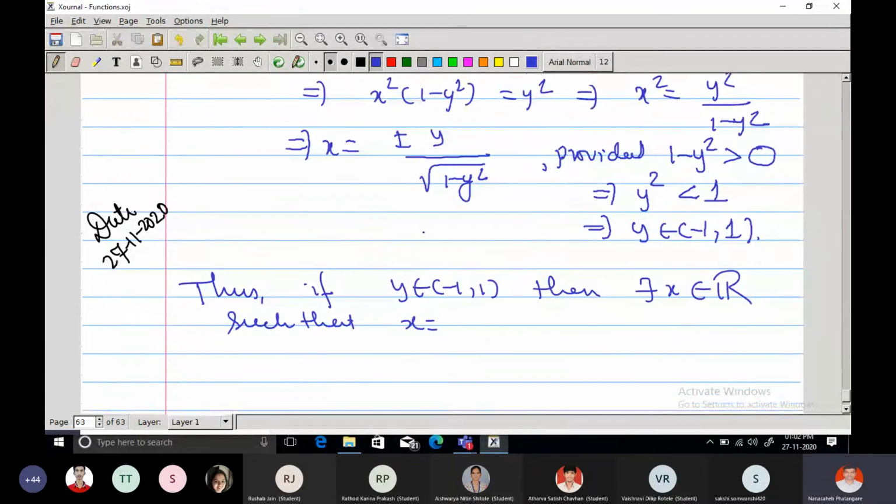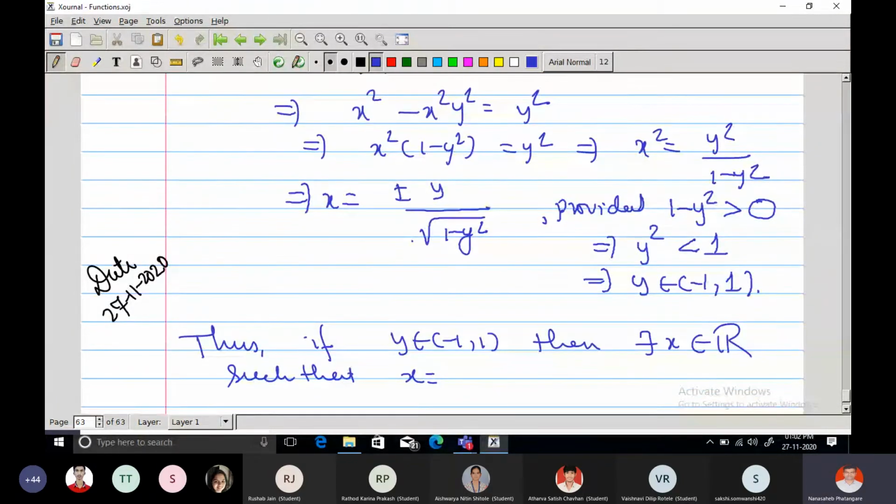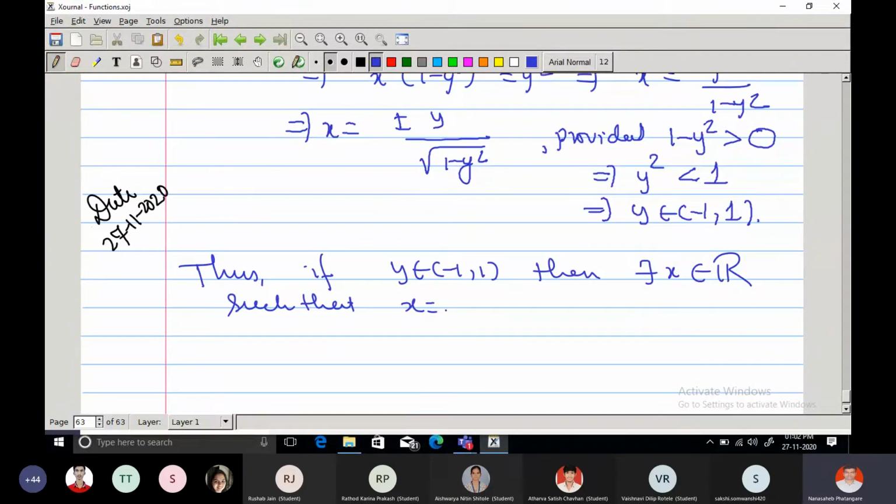Either you choose plus or minus. y upon square root of 1 minus y square, or x is equal to minus y upon square root of 1 minus y square. Once you choose minus, then every time you should choose minus, right? Or plus.